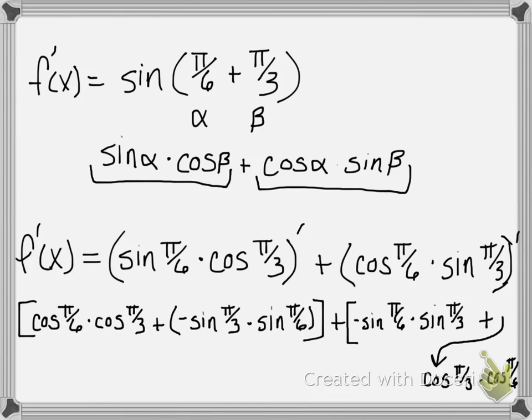the cosine of pi over 6 is going to be the square root of 3 over 2, times cosine of pi over 3, which is 1/2, plus the sine of pi over 3.